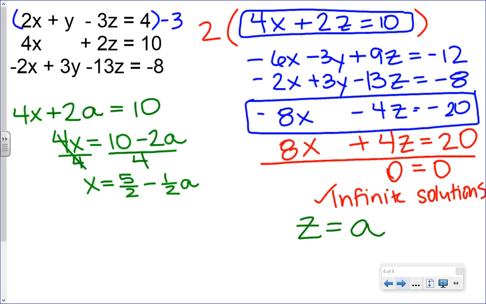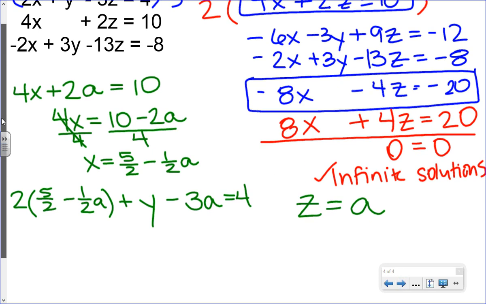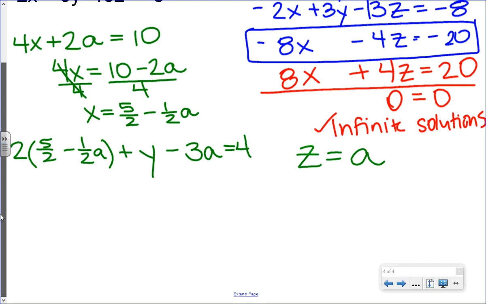Okay? So let's see. I think the first one looks nice, don't you think? We would have 2 times x plus y minus 3 times z equals 4. So now we just need to solve for y. It's going to take us a couple steps, so just be patient. If we distribute this, we have 5 minus a plus y minus 3a equals 4.